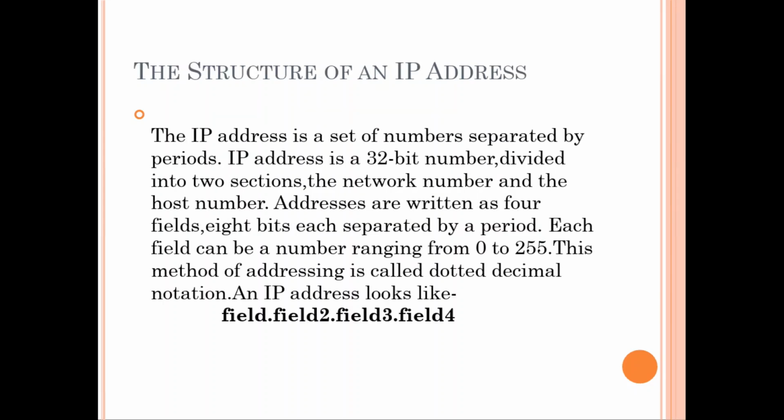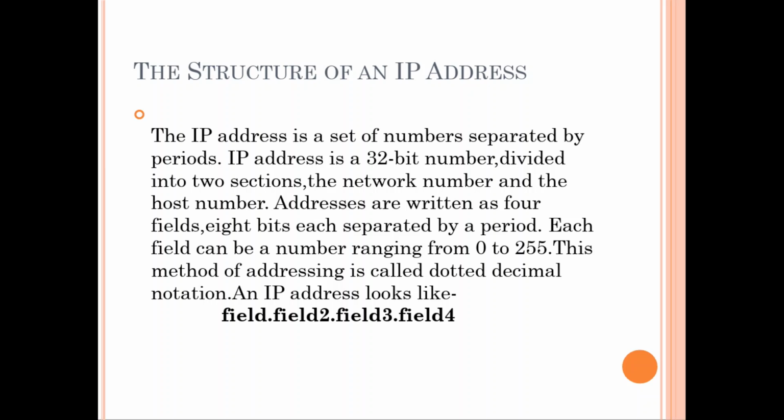Now we will check what is the structure of an IP address. What is the form of this IP address? The IP address is a 32-bit number divided into two sections. The first one is the network number, and the second one is the host number.